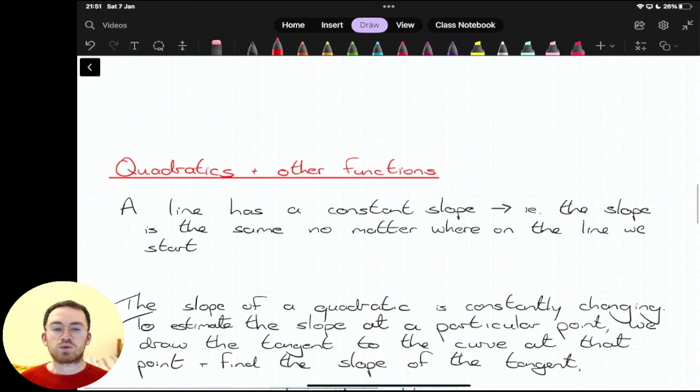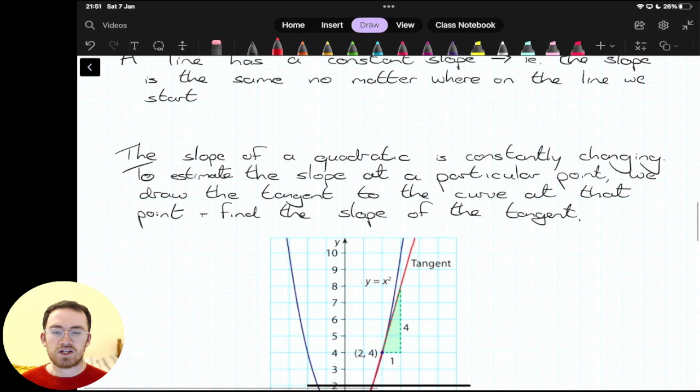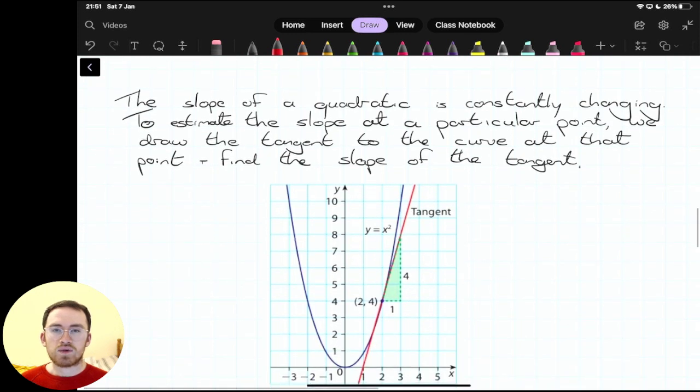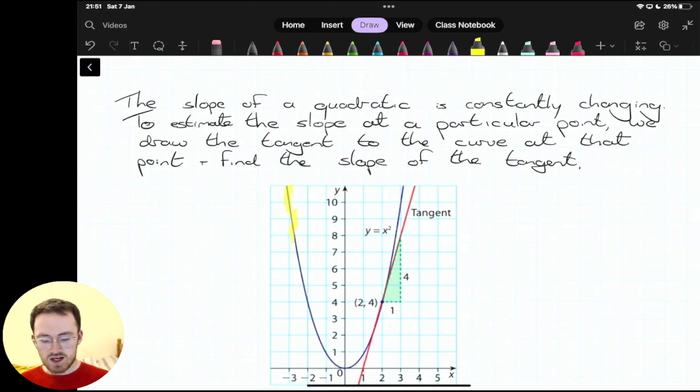If we look at a quadratic, the slope of the quadratic is constantly changing. If we scroll down a little bit to look at this diagram, we can see that along this first half of the quadratic, this yellow part here, the quadratic's going down, it's decreasing. And generally if something's decreasing we would say that the slope is negative.